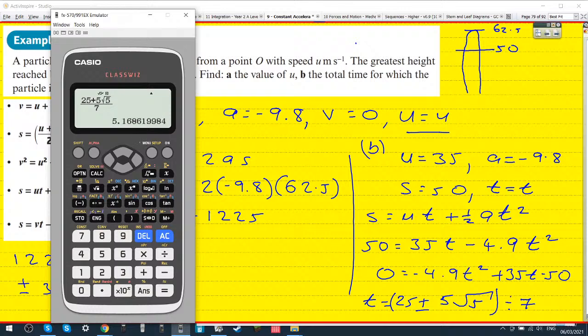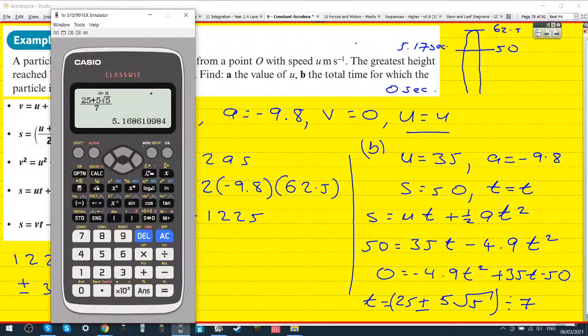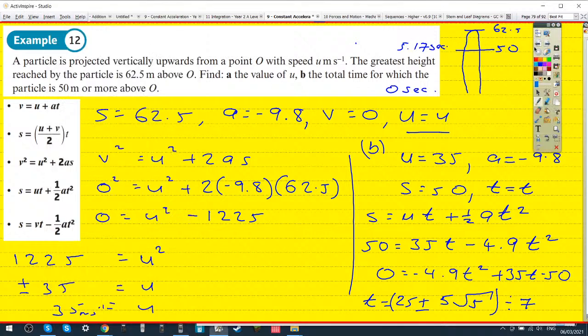So what we found was this is roughly 5.17 seconds. Down here it's like 0 seconds. Goes up, and then if we change that to the negative, that is 1.97 seconds.